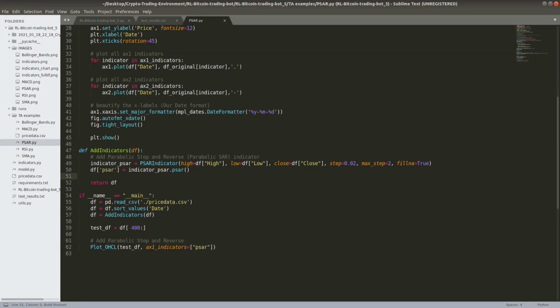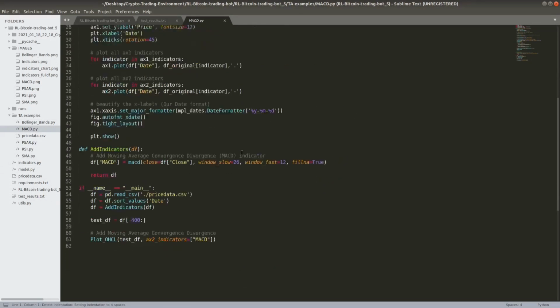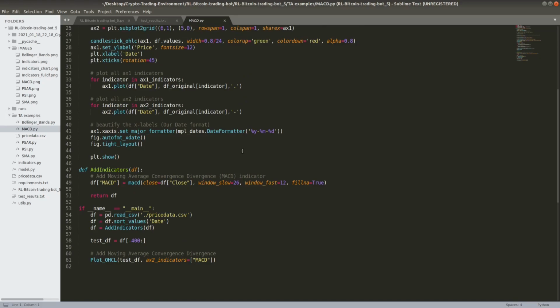I close it. Next on my list is the moving average convergence divergence indicator. I'll open the code also. This indicator is known as a trend following momentum indicator that shows the correlation between two moving averages of a market price. The default moving average convergence divergence is calculated by subtracting the 26-period exponential moving average from the 12-period exponential moving average.